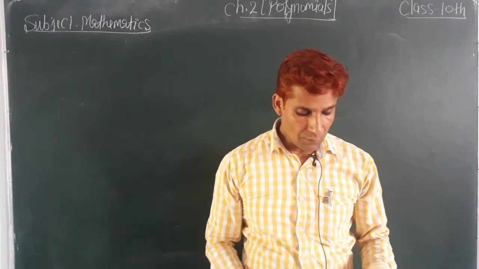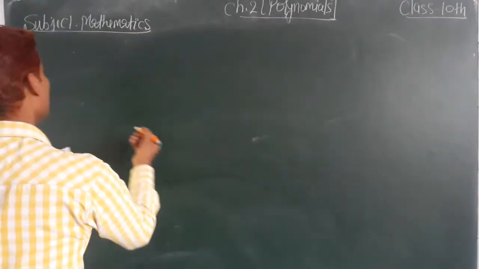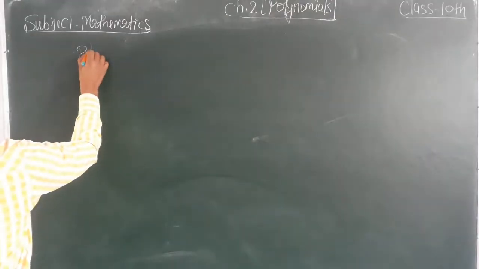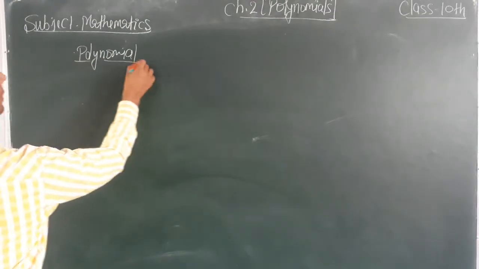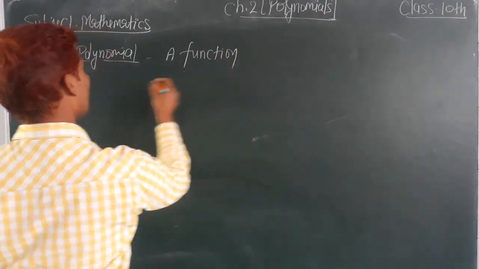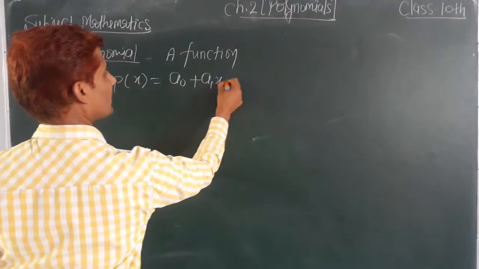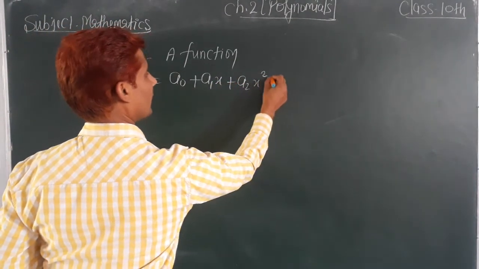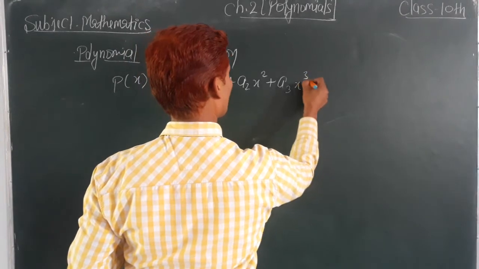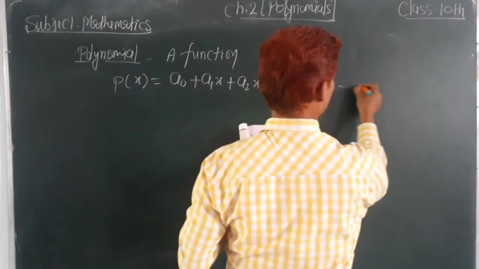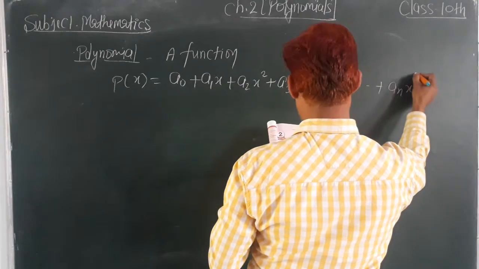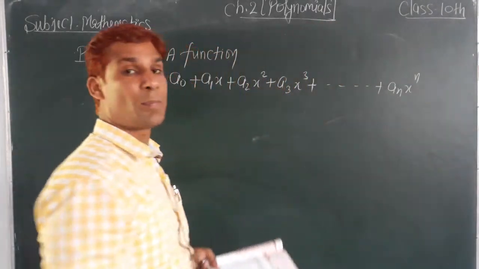My dear, a function p(x) of the form p(x) equals a naught plus a1x plus a2x square plus a3x cube plus and so on, plus an x raised to the power n, is called a polynomial.